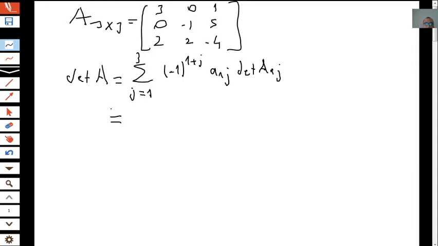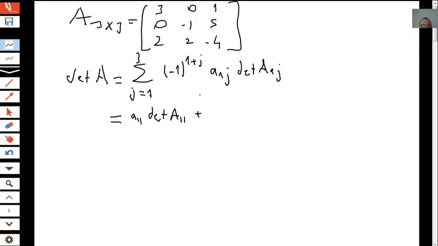So explicitly, when we write 1 for j, we have 1 plus 1 in the power of minus 1. Therefore, we have 2, which is an even number, so we obtain plus 1. So we write a11 determinant A11. Minus, sorry, now we write 2 for j, we have 3 here.